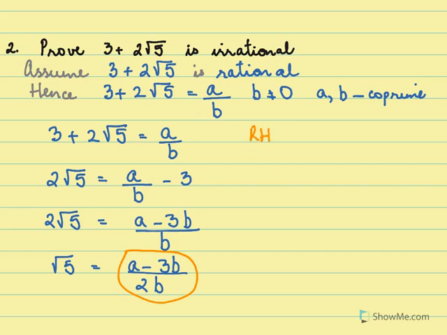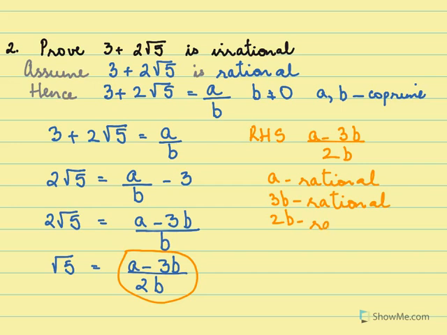Now we take up the right hand side. This is our right hand side, a minus 3b over 2b. Here all the numbers are rational. A is an integer, it's rational. 3b also integer and rational. And 2b is an integer, so also rational.